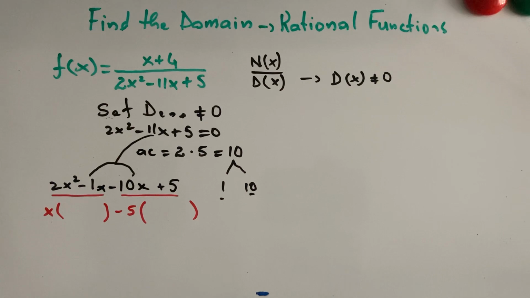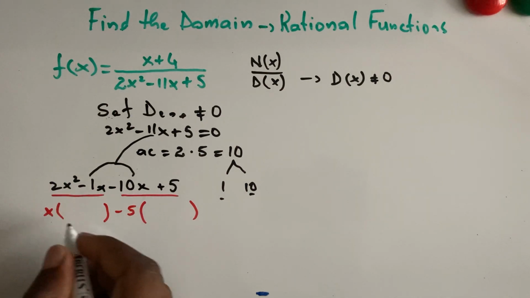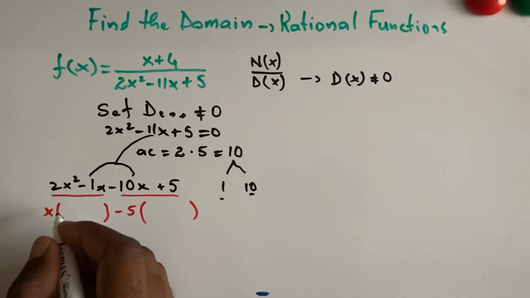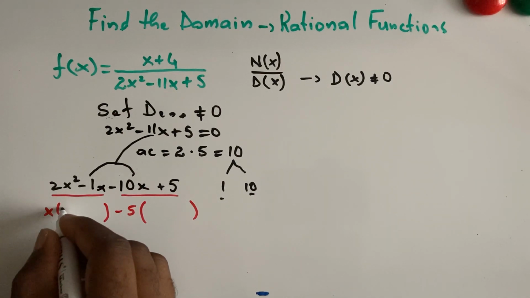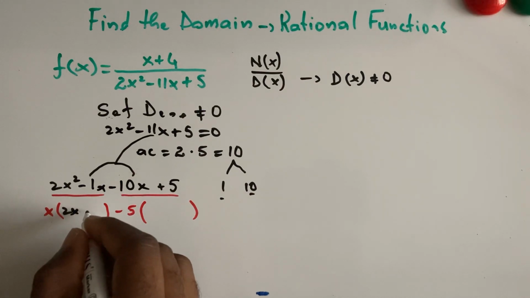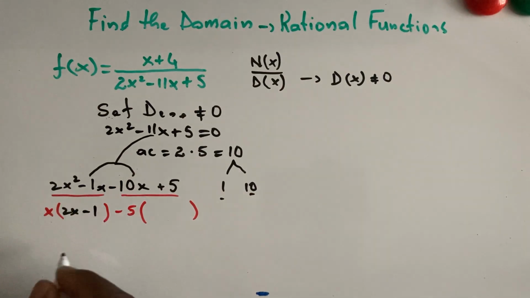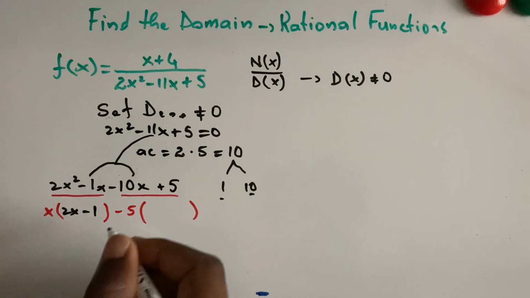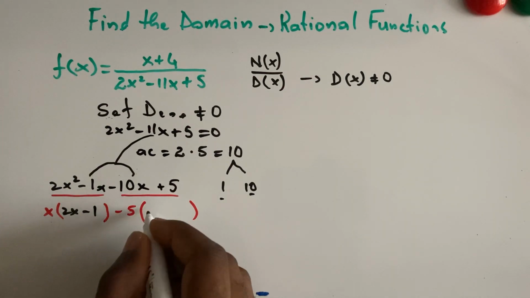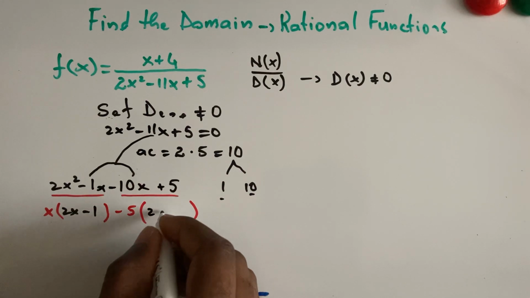Once I do that, what I'll have inside, again, if you don't remember how to factor by grouping, I have a video for that. You can always go back to it. So this would be 2x minus 1, right? 2x minus 1 because I factored x out. And right here, I factored -5 out. So this would be positive 2x.